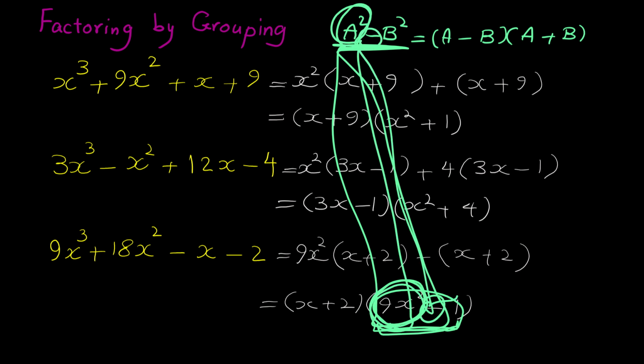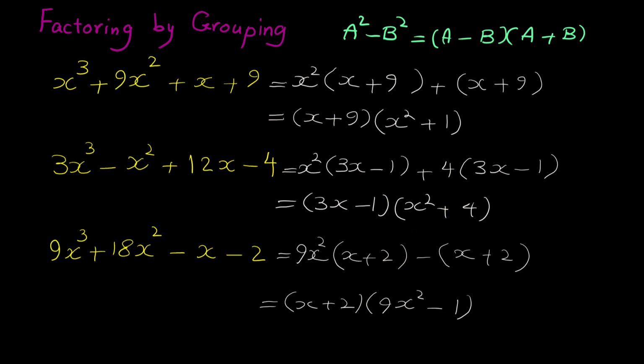Minus 1 is basically 1 to the 2 or 1. So we can factor 9x to the 2 minus 1, and so we can factor this a little more. We leave x plus 2 here. Then this can be factored as 3x minus 1 times by 3x plus 1.